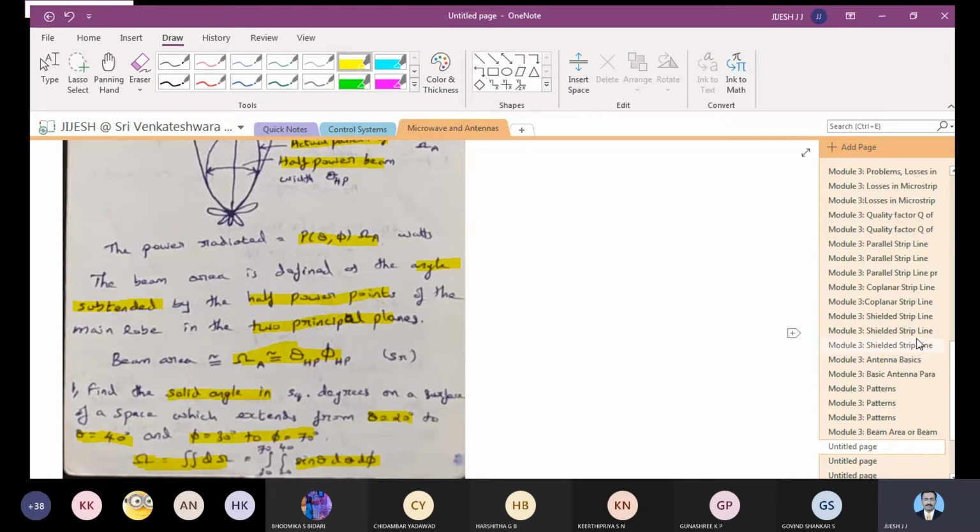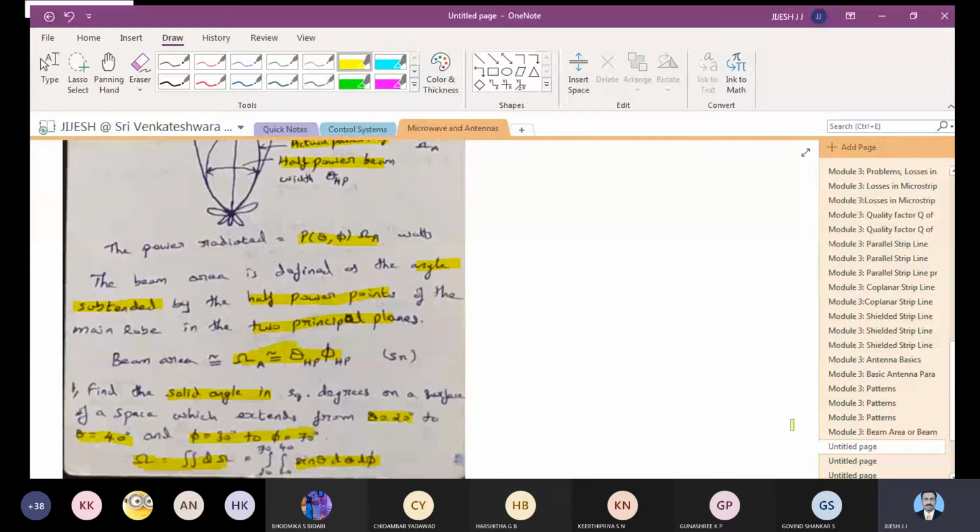Has any one of you got the integration of sin theta d theta d phi, the answer for that omega value, the solid angle in square degrees? Do the integration, put the limits.